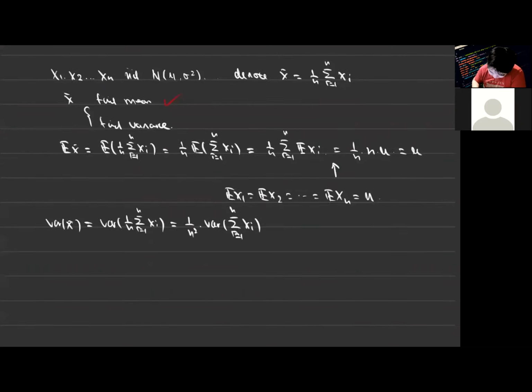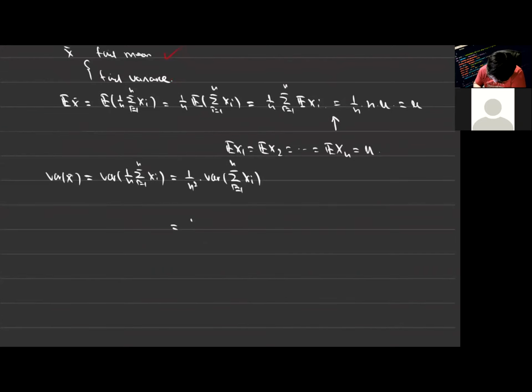Now, here's a tricky part. 1 over n squared stays the same. Technically speaking, if you want to use a definition that you learned from a probability theory course, the variance of x plus y is the variance of x plus the variance of y, and then there's a covariance term here, right?